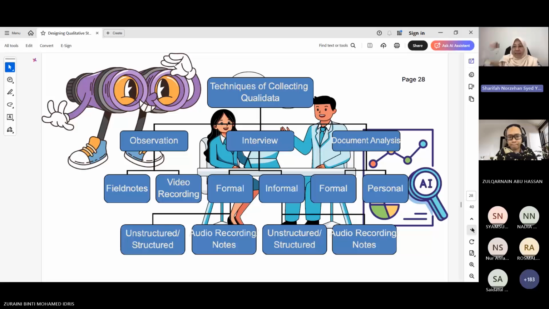Structured here means at least you jot down what it is that you want to look for. You have a guide. And if you want to interview, normally you have a guide that helps you, some questions that you have already prepared in advance. So normally we call it semi-structured questions for interview.